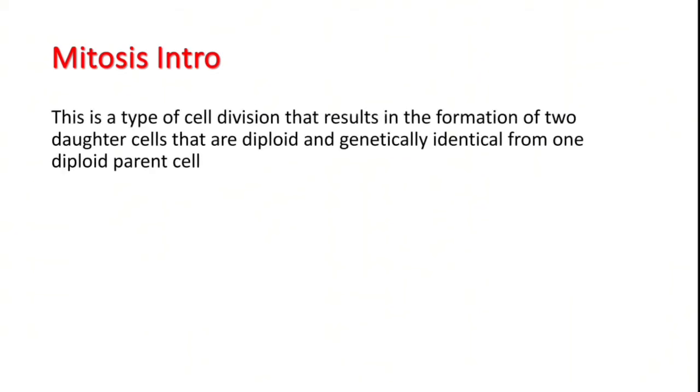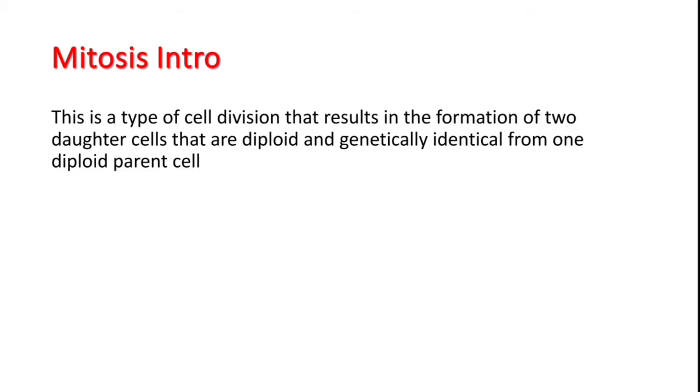So, mitosis. What is mitosis? This is a type of cell division that results in the formation of two daughter cells that are diploid and genetically identical from one diploid parent. So they are saying that it is a process where how many? Two.